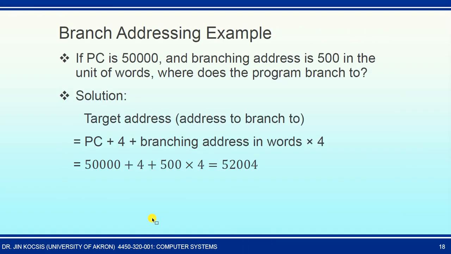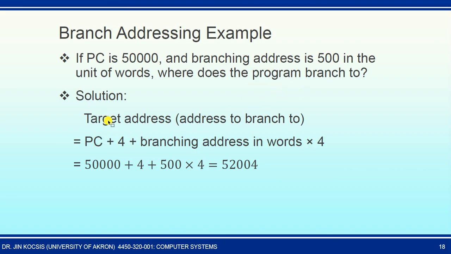And then here is an example. Assume you have a program counter of 50000, and the immediate field has the value 500. I want to ask for the memory address of the instruction with that certain label.